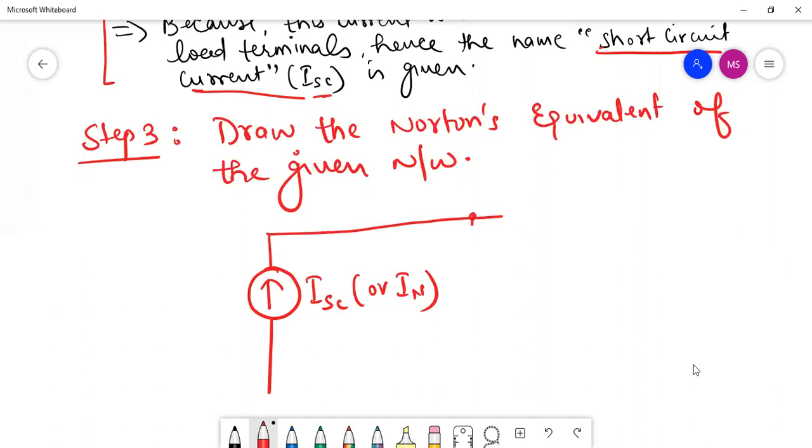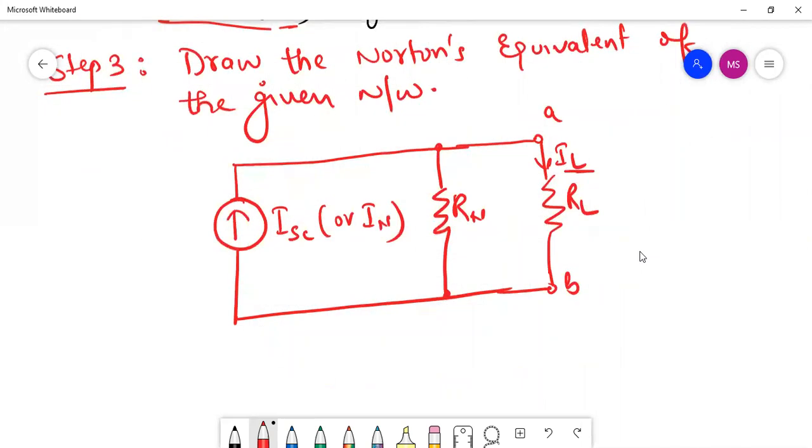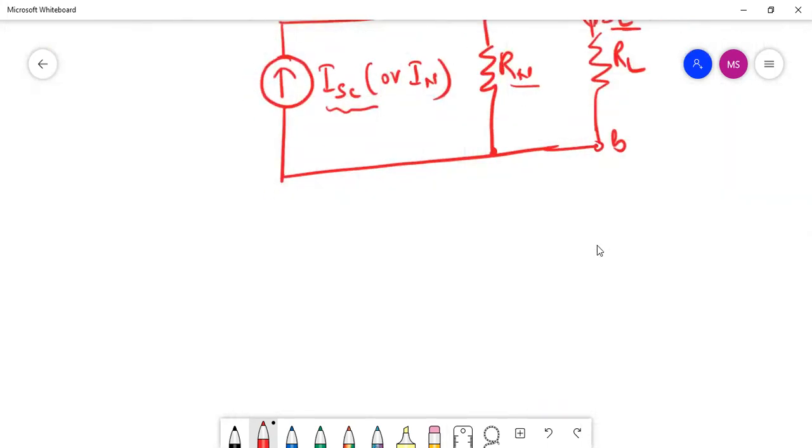Then we have a resistance, which we call Rn, and then we have the load terminals, let us say RL, so AB, right? So this was the third step. Whatever values of Rn and ISC are obtained in step 1 and step 2, we use here, and then we can find out the value of load current by using the equation given here.